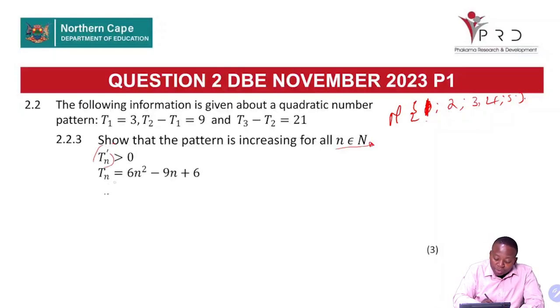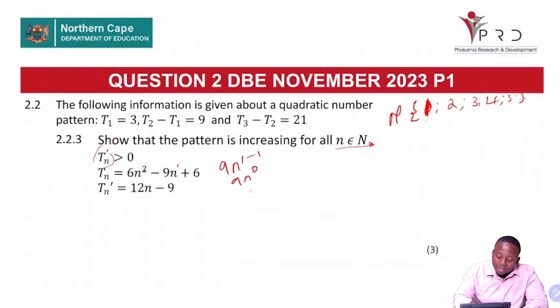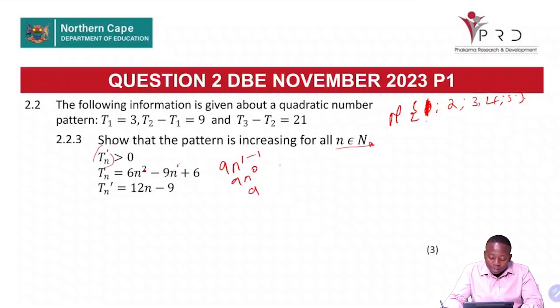So what do we now do? We find the first derivative of our Tn. We're going to say 6 times 2 is 12, so we have 12n. Then minus 9: 1 times 9 is 9, so it's 9 times n to the power 1 minus 1, which is n to the power 0, which is 1, because any number to the power 0 is 1.